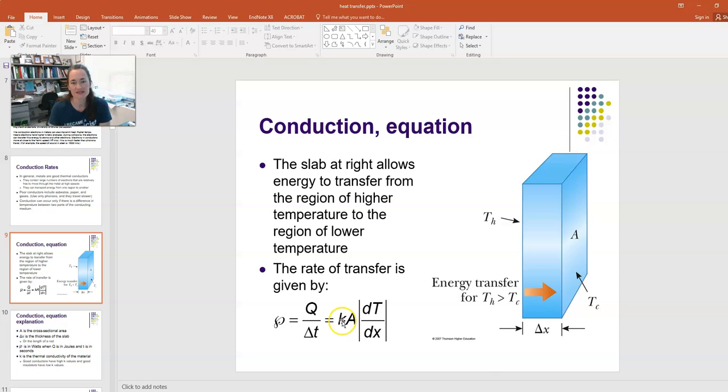Here K is the thermal conductivity of the material, so it's a material property. A is the cross-sectional area, and dT/dx is how the temperature changes through the thickness.